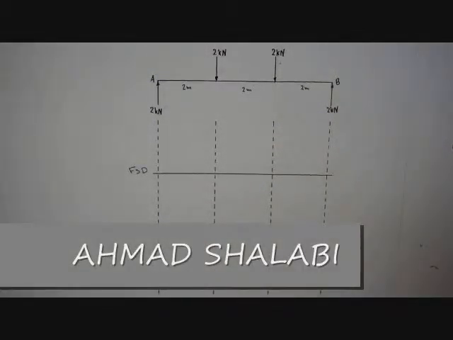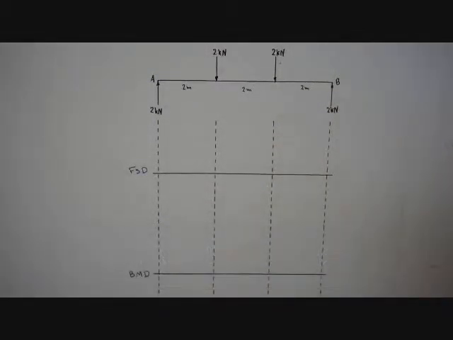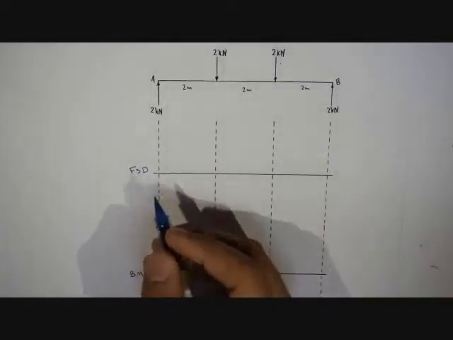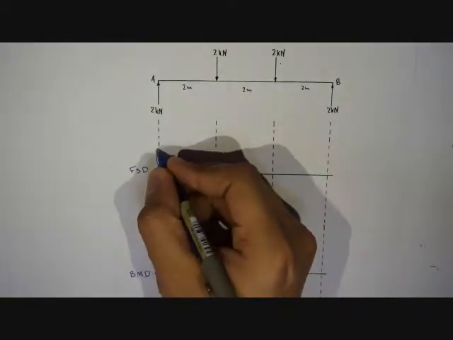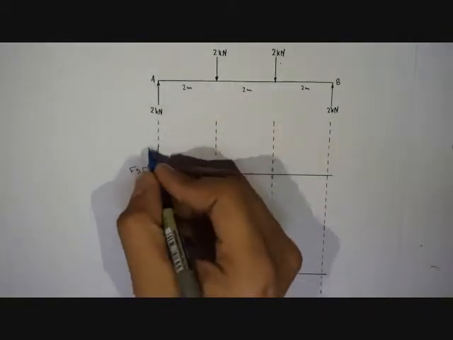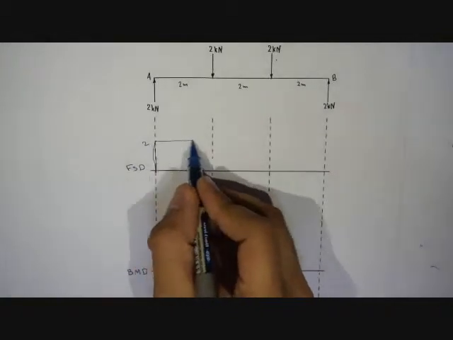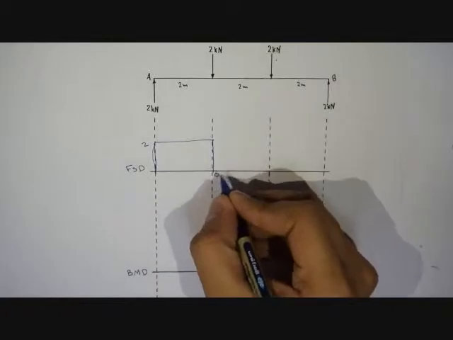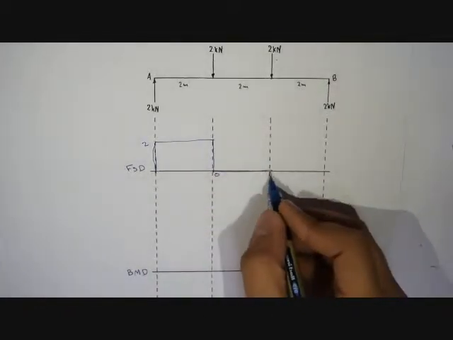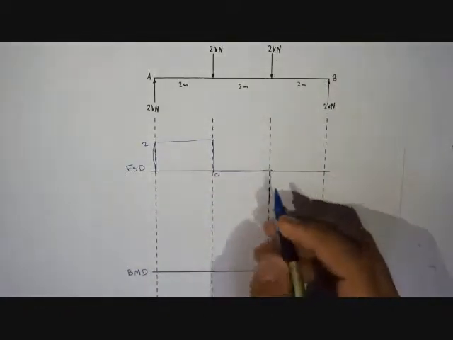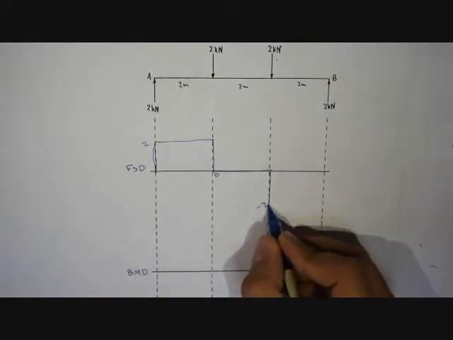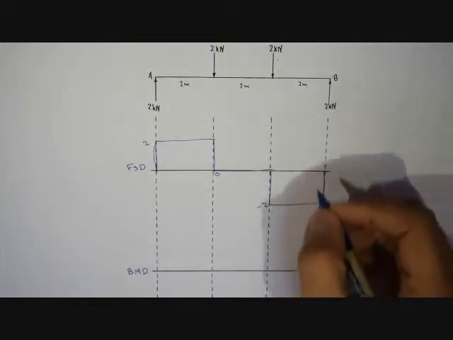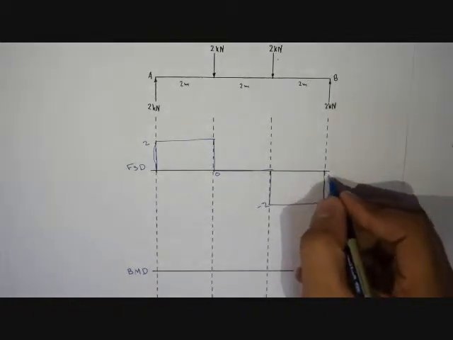Now we are going to draw the shear force and bending moment diagram. It's quite easy. We will start from point 0 and go up 2 because of this force, and nothing here. We'll go down 2 because of this force, and nothing here, and go down 2 because of this force, and nothing here, and finally go up 2 for this force, and we reach 0.